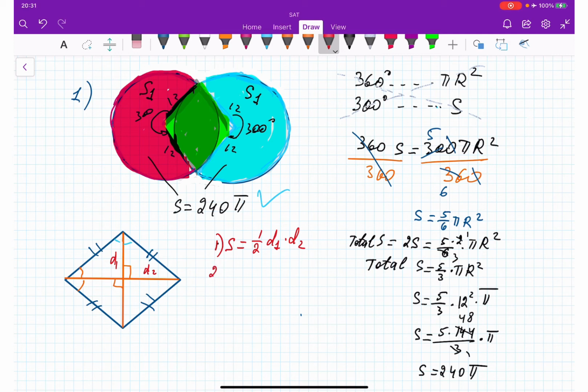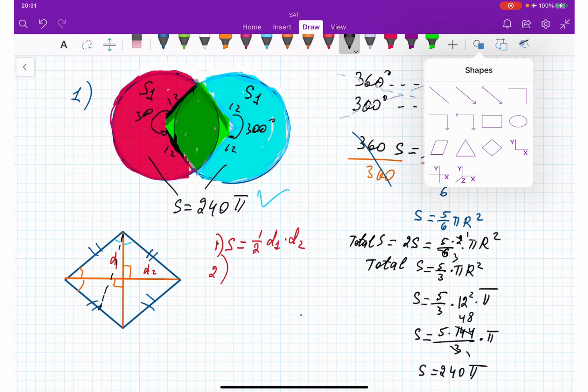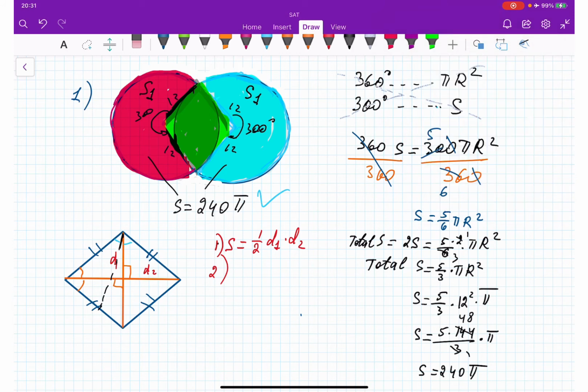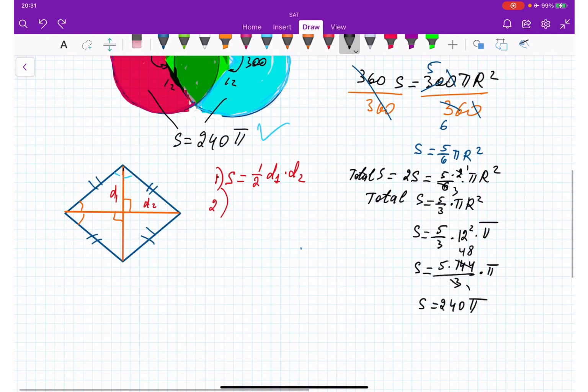Second way is we are going to provide a perpendicular to the opposite side. Okay, let me see. Or maybe it would be better if I draw separately. Okay, I'm going to draw separately.